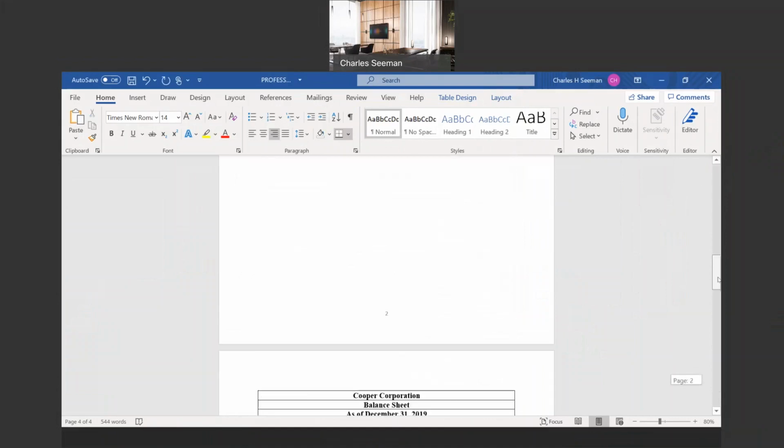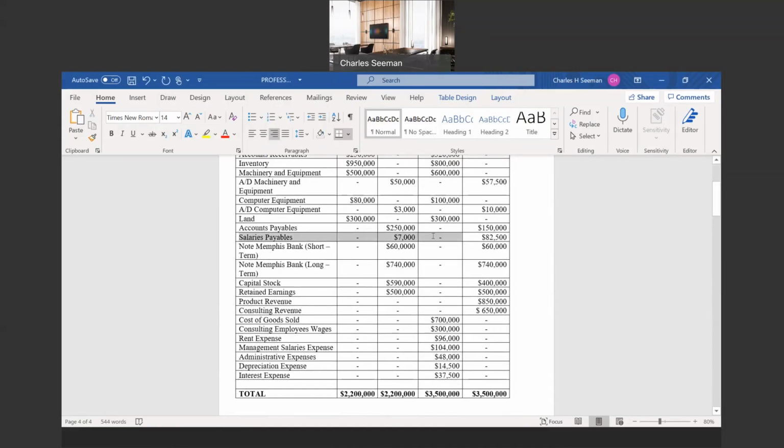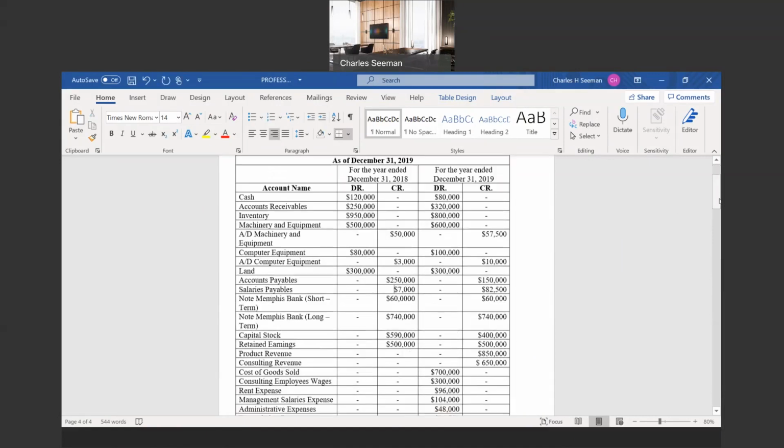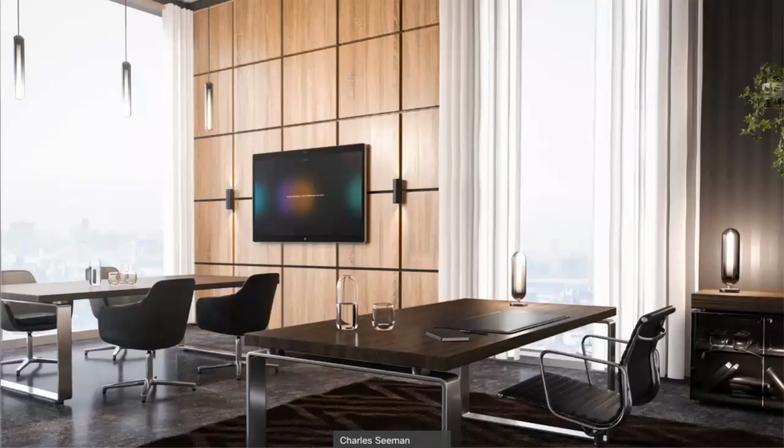Salaries payable. Salaries payable went up from $7,000 on December 31st, 2018 to $82,005 on December 31st, 2019. What does our rule say?